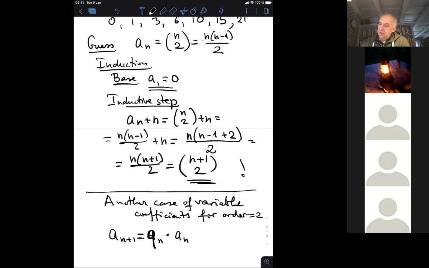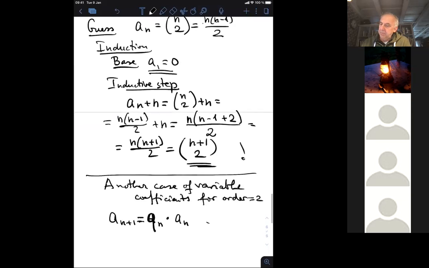So that's a homogeneous case. We don't have an additional constant to add, but this factor is now a function of n.